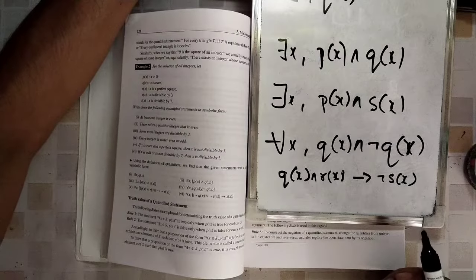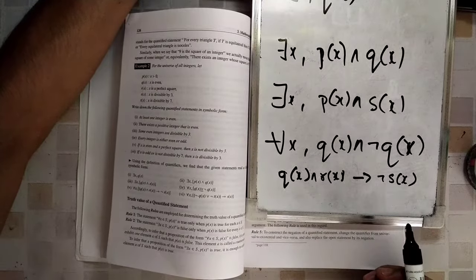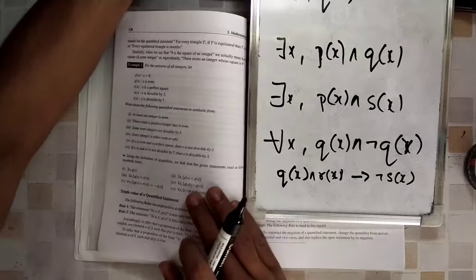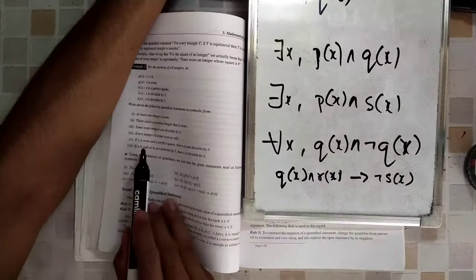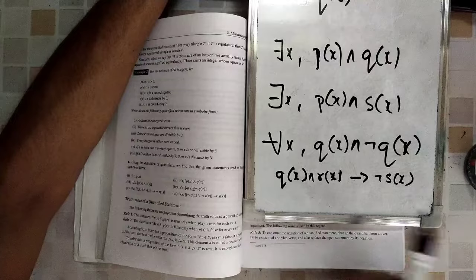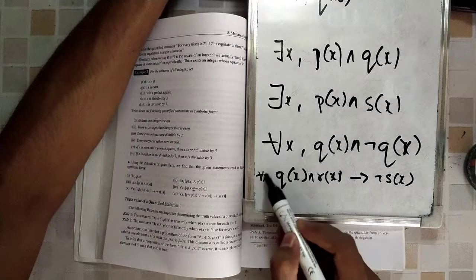It's very simple. They have not said some. If they are saying it in an open statement, that if x is even and a perfect square, then it is not divisible by 3, it should be satisfied for all x.